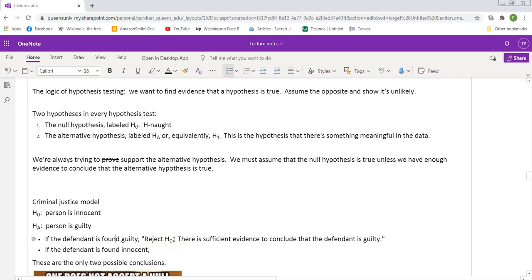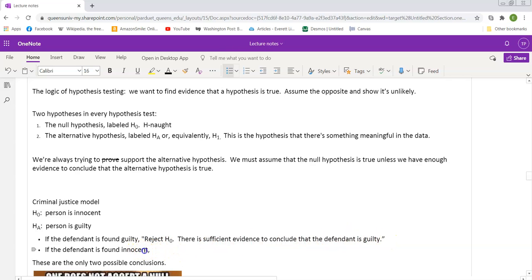There is sufficient evidence to conclude that the defendant is guilty. So we're starting with this assumption of H naught, and we're able to rule that out almost completely and say we found enough evidence that the person is guilty. So this is one possible conclusion.